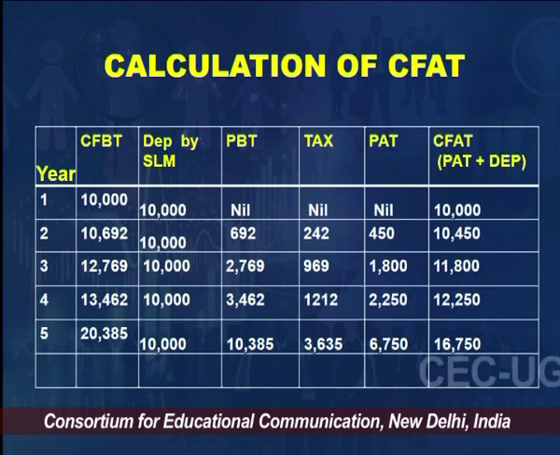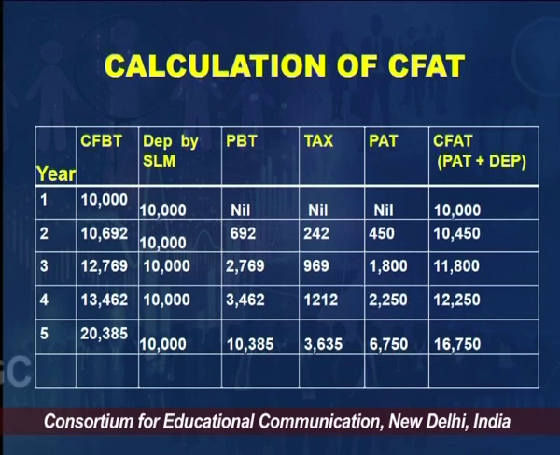Now, profit before tax: if we calculate it on the CFBT after depreciation, the profit before tax would be nil, 692, 2,769, 3,462, 10,385, which means cash flows before tax minus depreciation is profit before tax.